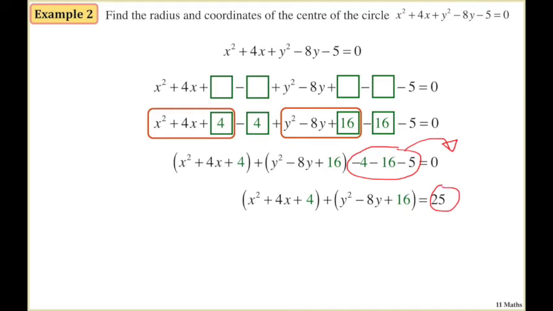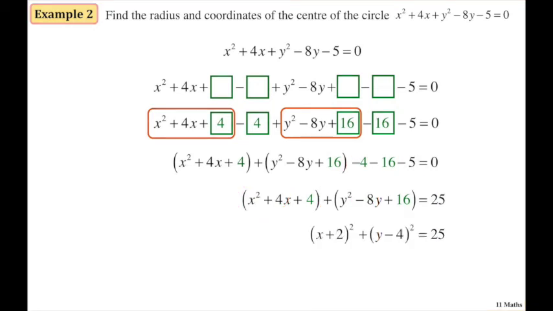Now let's focus on these brackets. The first bracket, half of +4 is +2, so it'll become (x plus 2) squared. Half of -8 is -4, so it'll become (y take 4) squared. So we'll end up with (x plus 2) squared plus (y take 4) squared equals 25.